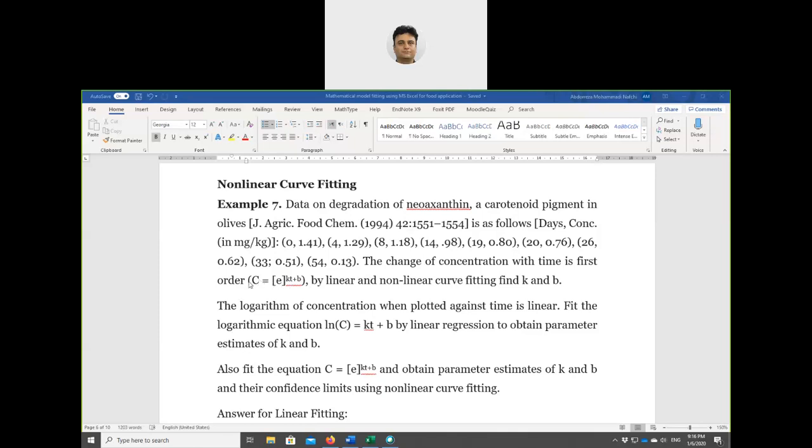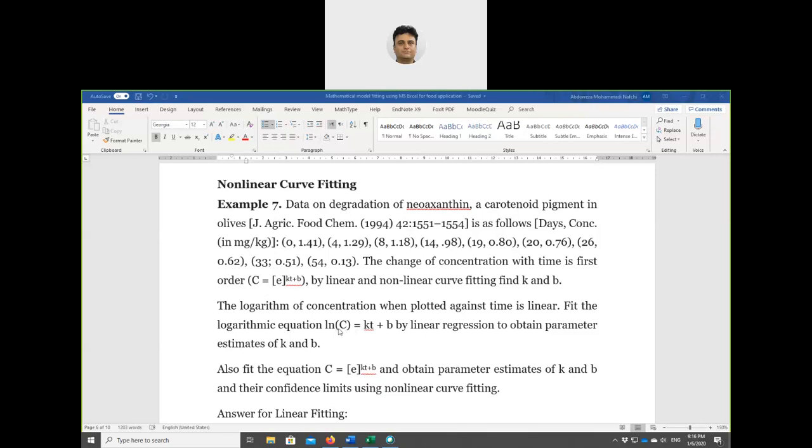If we want to do the linear, we take the natural log based on e. If we take ln, ln c is equal to kt plus b, because the exponent comes down in front of the ln, and ln e is equal to 1.